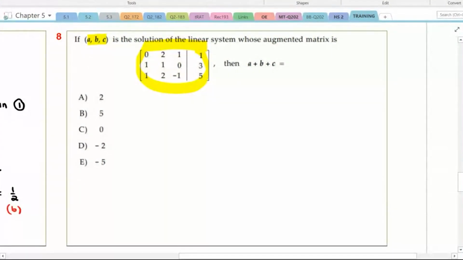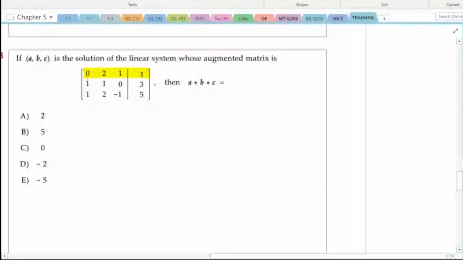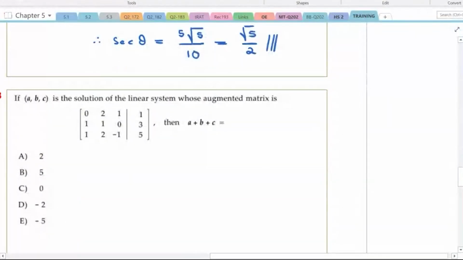So, gentlemen, we want to solve this linear system of equations. Let me give you the equations, please, gentlemen. Maybe here I can call the variables xyz, or I can call them abc. So let's say this is a, b, and this is c, gentlemen.